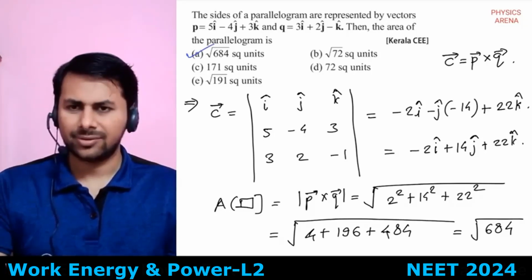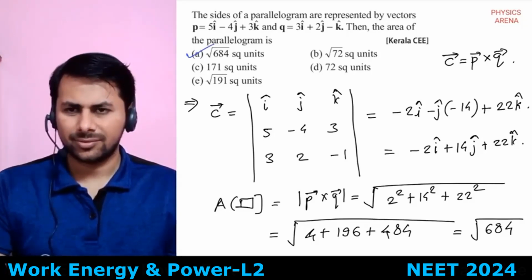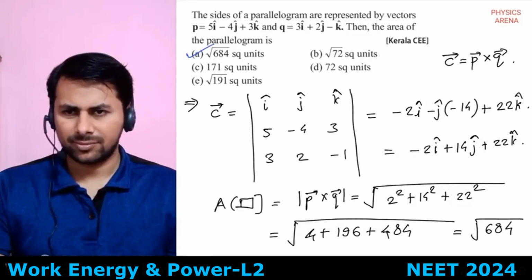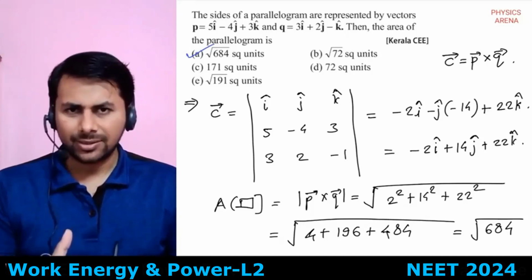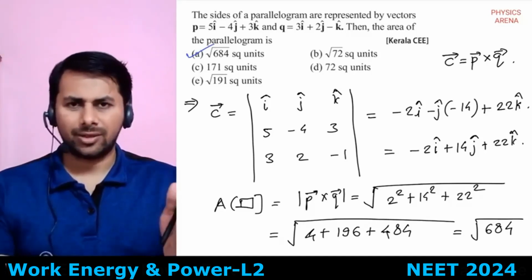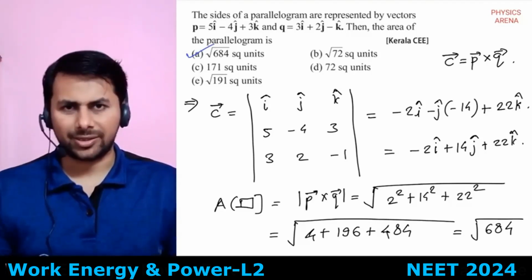Tell me. No, no, no. Sides are represented by two vectors. Then it is just the magnitude of the vector product of the two vectors.